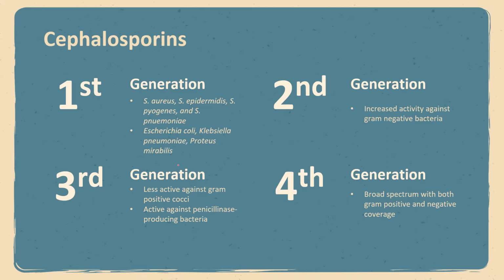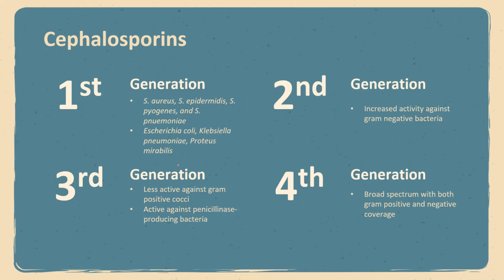Remember, people, that first generation cephalosporins are effective against gram-positive microorganisms such as Staphylococcus aureus, Staphylococcus epidermidis, Streptococcus pyogenes, and Streptococcus pneumoniae.